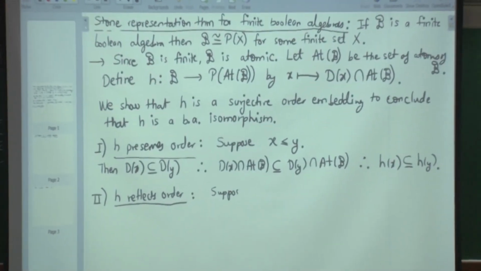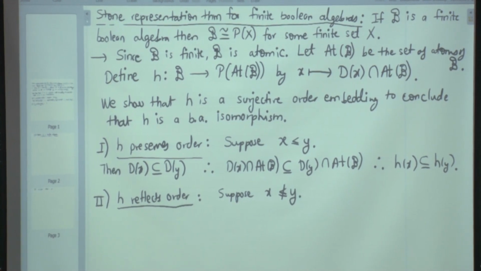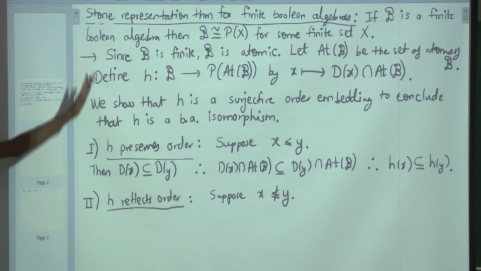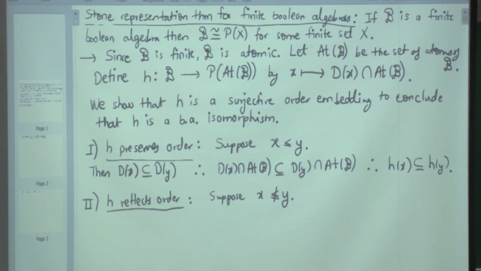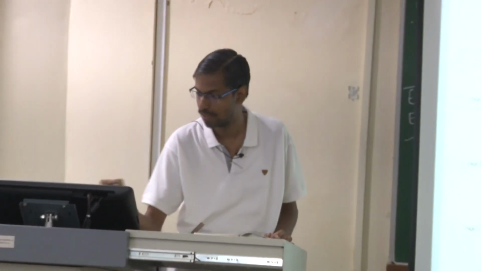Okay, so suppose X is not less equal Y. See, I am not saying that X is strictly less than Y. This not goes across the less equal sign. What happens, do you remember? We proved one result last time: X is less equal something if and only if something else happens. What was the result?